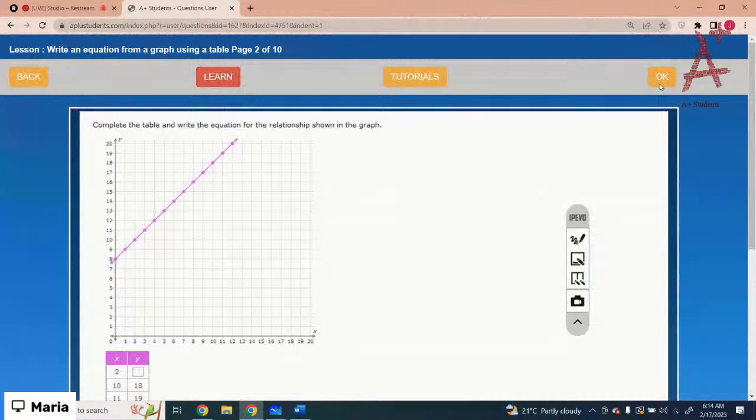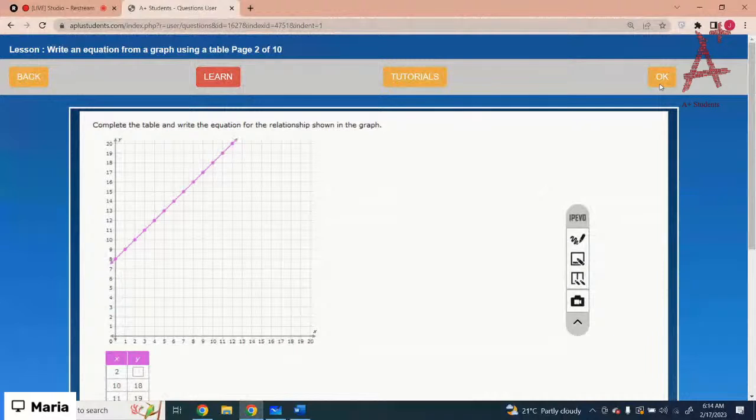Okay, the next one is complete the table and write the equation for the relationship shown in the graph.